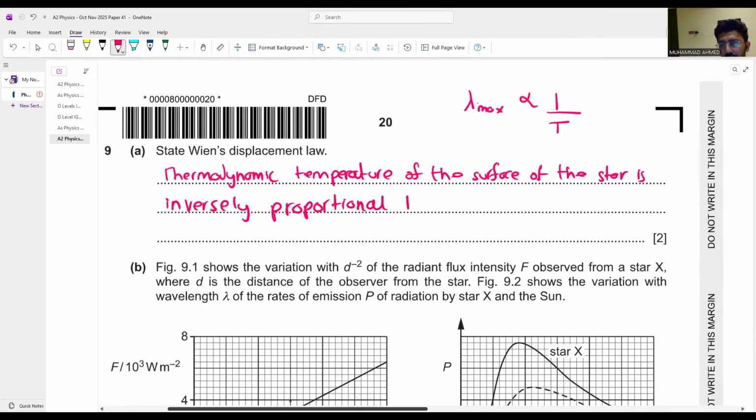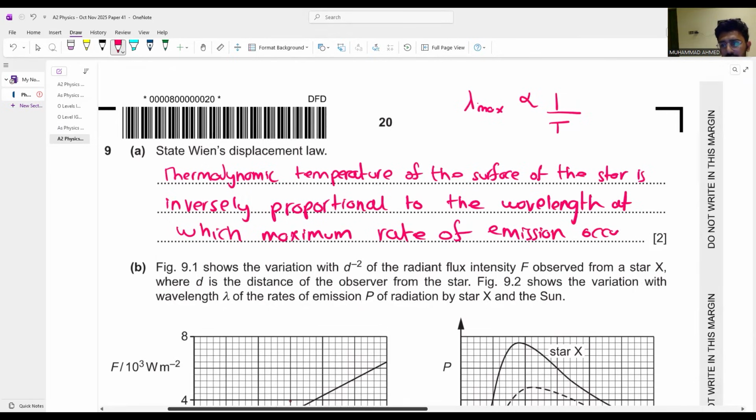Inversely proportional to the wavelength at which maximum rate of emission occurs. Simple. Let's further move ahead.